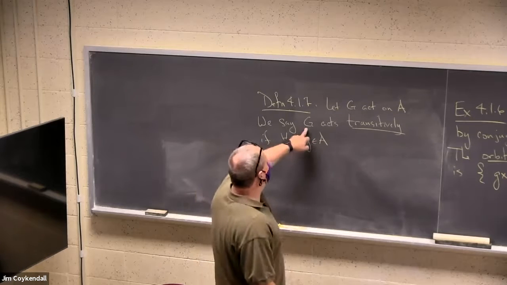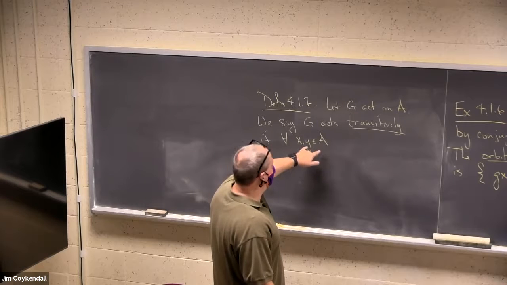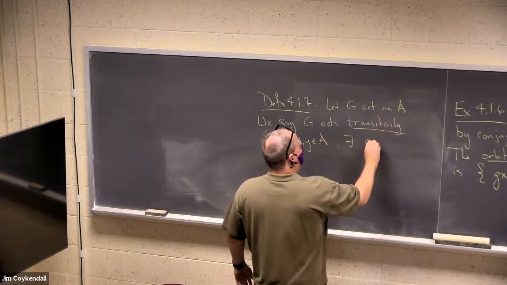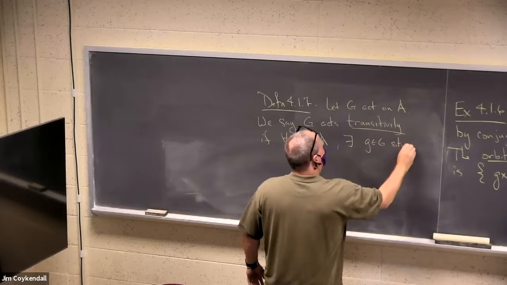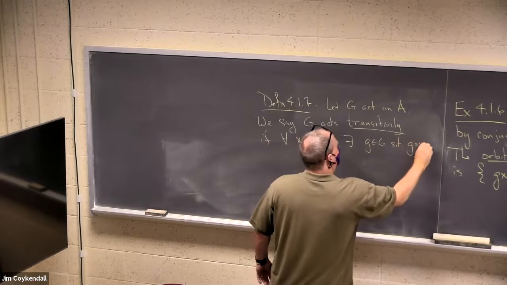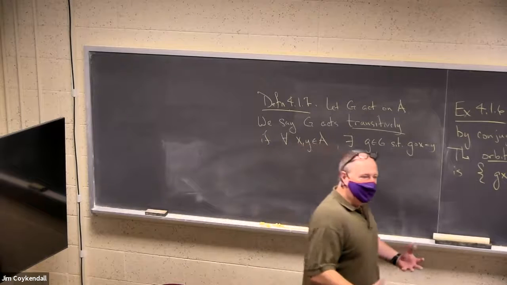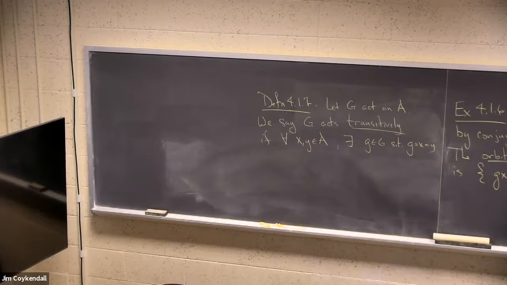the action is transitive if given any pair of elements x and y in the set you're acting on, there exists a g in G such that g acting on x is y. So in other words, for a transitive action, if you pick two elements out of the set at random, there's something in G that takes x to y.